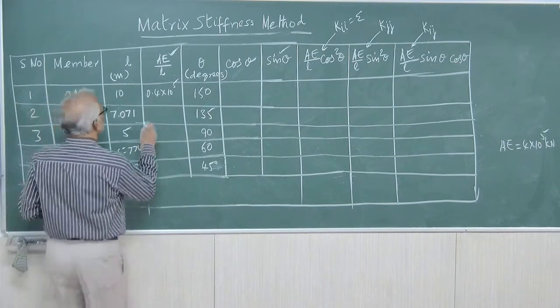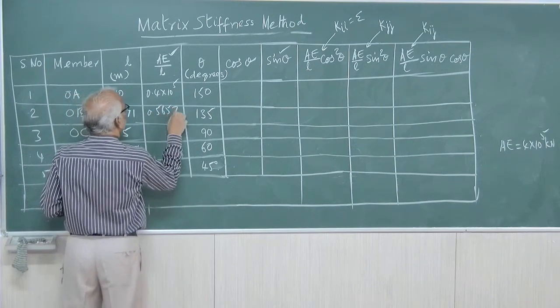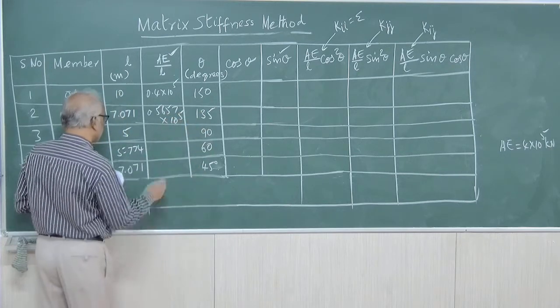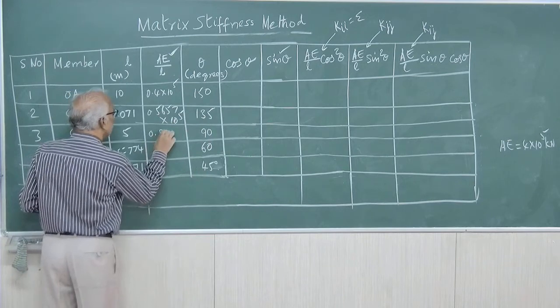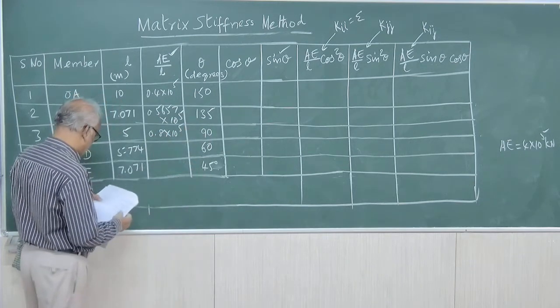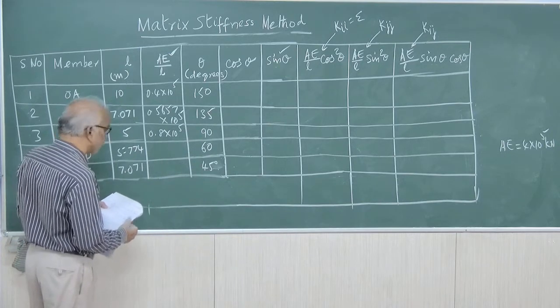Similarly, this is 0.5657 into 10 power 5. This is 0.8 into 10 power 5. 0.6928 into 10 power 5.